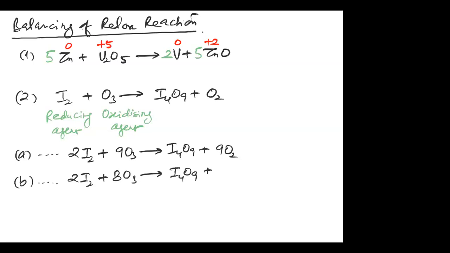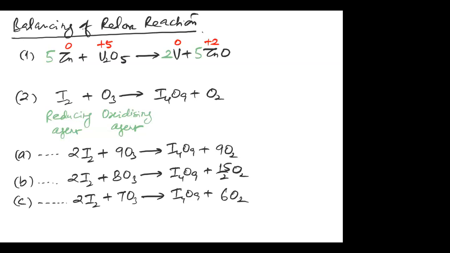So 8 threes are 24, 24 minus 9 is 15. So you can simply say it is 15 O2. Another balancing of the reaction may be 2I2 plus 7O3 will convert into I4O9. 21 minus 9 is 12, so you can say it is 6O2.